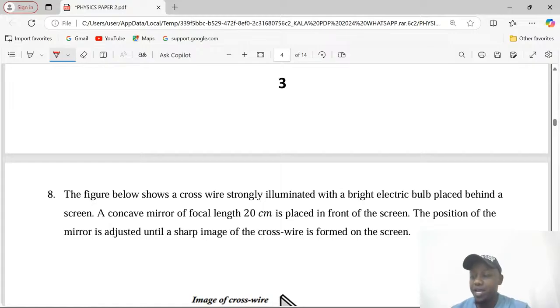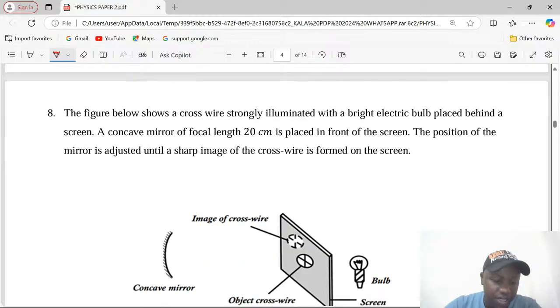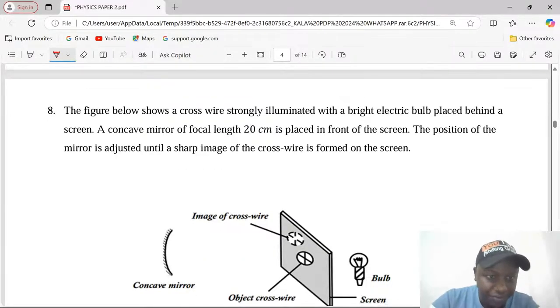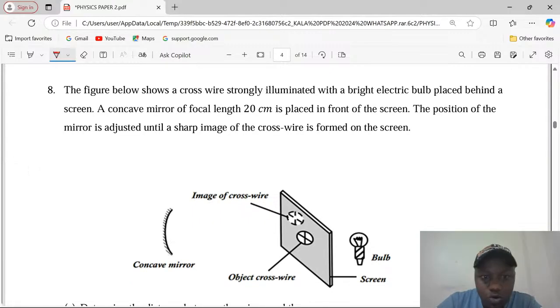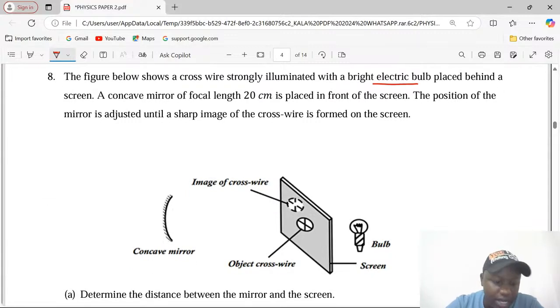Let's continue with the revision, number 8 of this paper. The figure below shows a cross wire strongly illuminated with a bright electric bulb placed behind the screen, just as you can see.